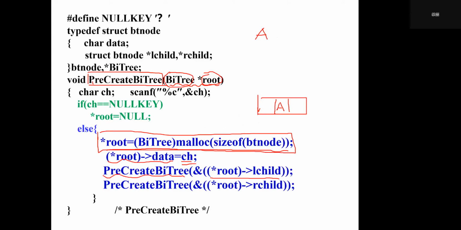So how do we reference the left subtree? Because root is a pointer that points to the root, which points to the node, okay? So here you can say we use star root L chart and we use this and to get the address of this pointer. So that means we need to create the left subtree of A, and then we need to create the right subtree of A. Okay, let's take a break for 5 minutes.